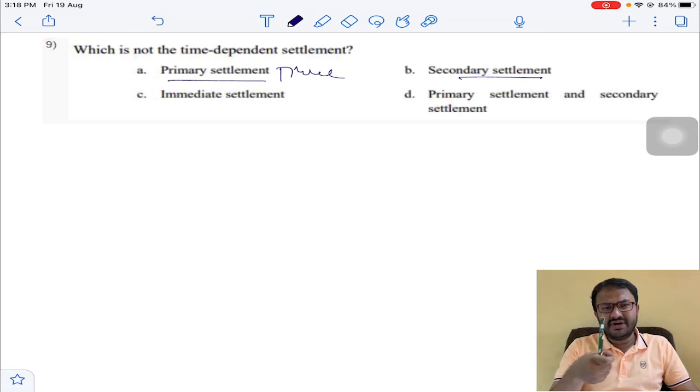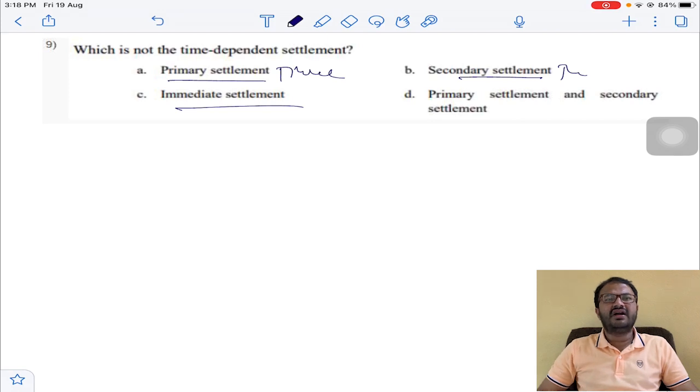This readjustment of the solid particles will take many more days. It is also time taking. And immediate settlement occurs within no time, hardly 1 or 2 days, not even 1 or 2 days, within no time it will occur. So that is not time dependent settlement, it is immediate settlement. Clear? So the answer is C for question number 9.